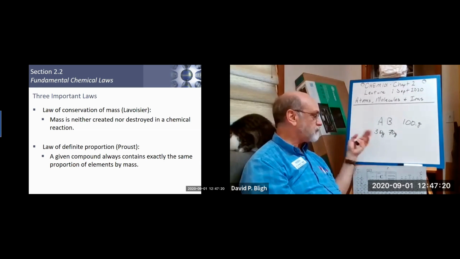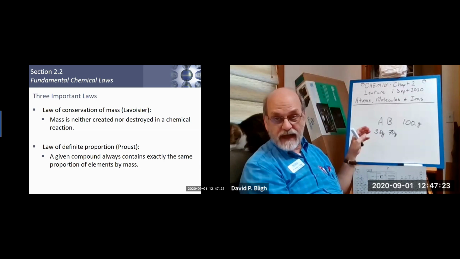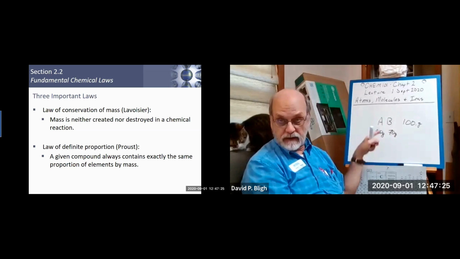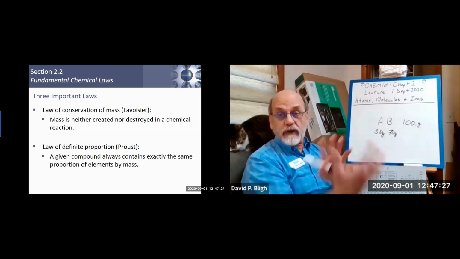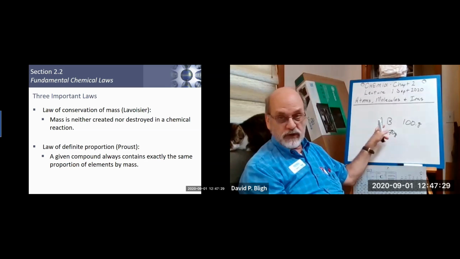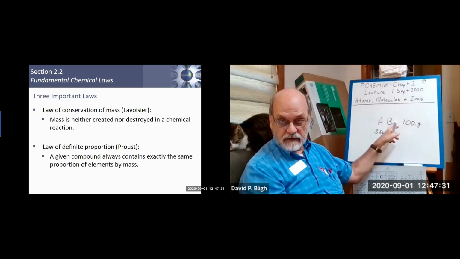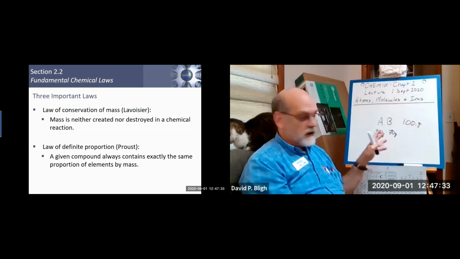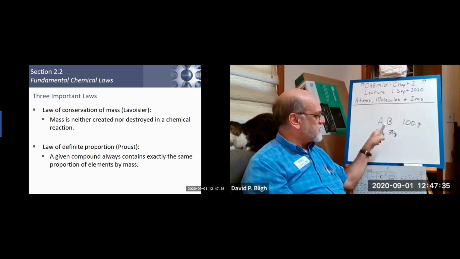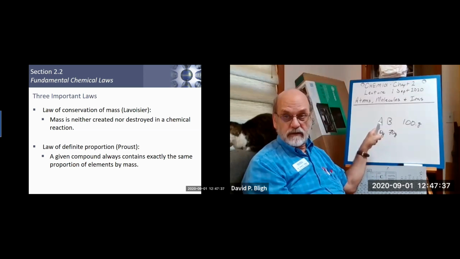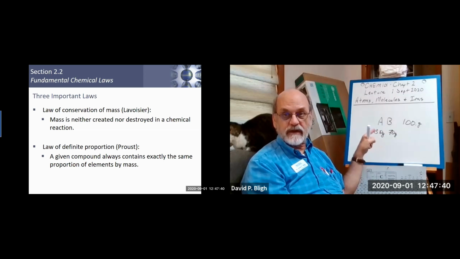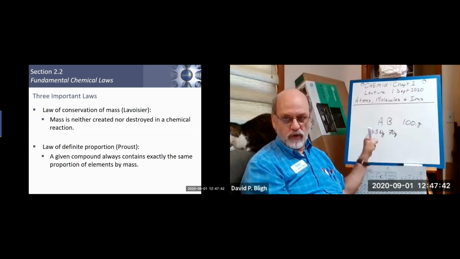Okay? Now, that's not to say that you couldn't have different combinations of A and B. You could have a different compound with 70% A and 30% B. That's possible.